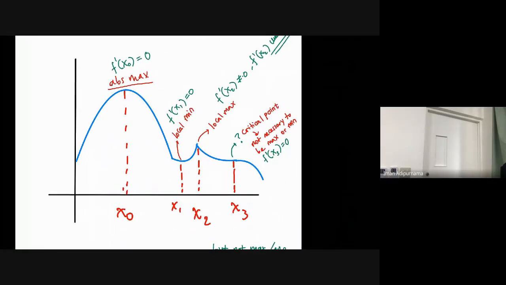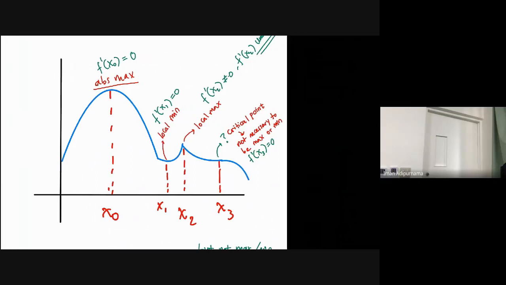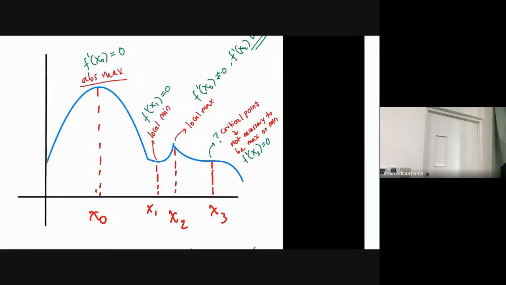And the critical point might be maximum or minimum, or it can be not maximum and not minimum. It's just a critical point, so it's not necessary to be max or minimum. As long as your f prime is 0, then it fits with the definition.